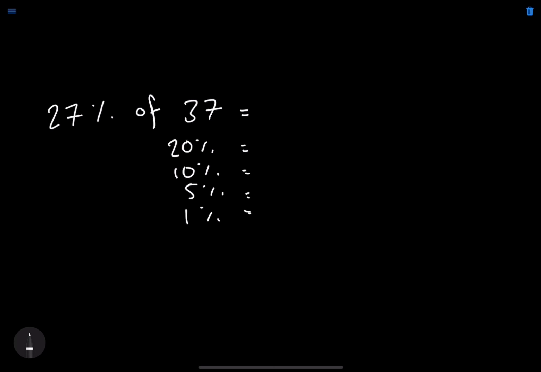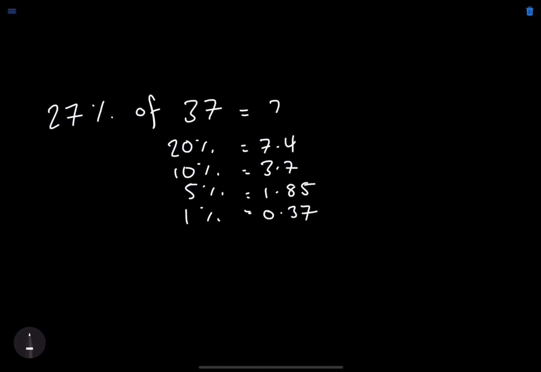So to work out 10% is probably the easiest, so it's 3.7. And then I'll double that, so 7.4 for 20. And then half it for 5%, which is 1.85. And then 1% is 0.37.